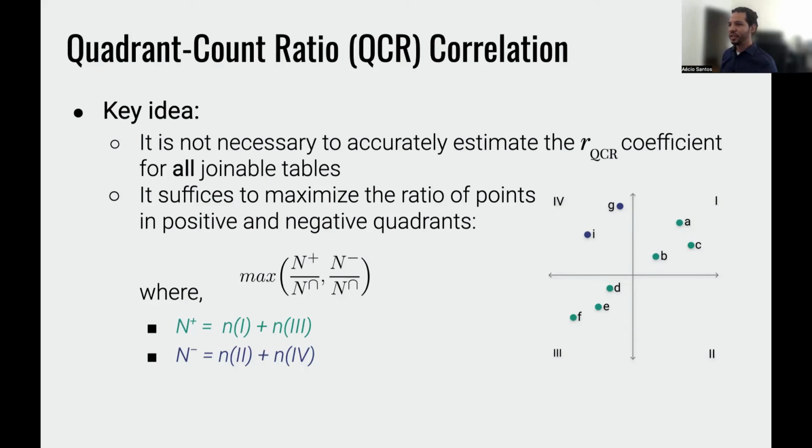In this case here, for example, if you want to find strongly correlated tables with positive correlation, we just need to maximize the ratio of points in the first and third quadrant. And if you want to maximize strongly negative correlations, we only need to maximize points in the second and fourth quadrants. And of course, if you want both positive and negative, we simply take the maximum between these two measures.